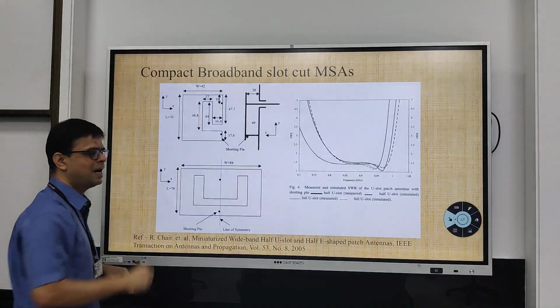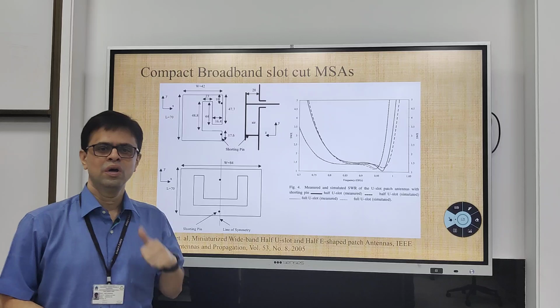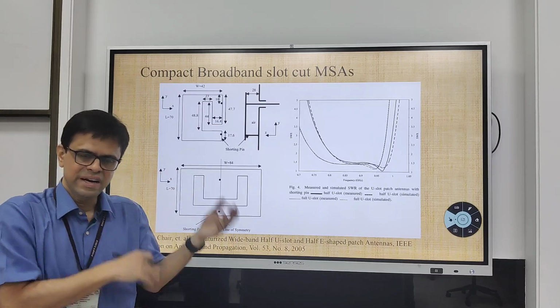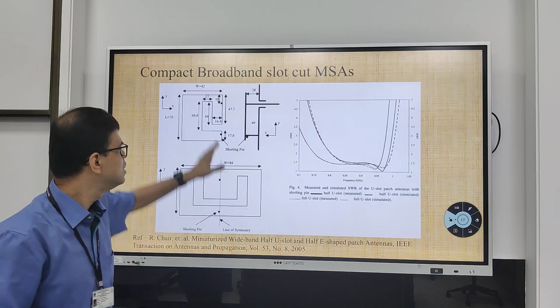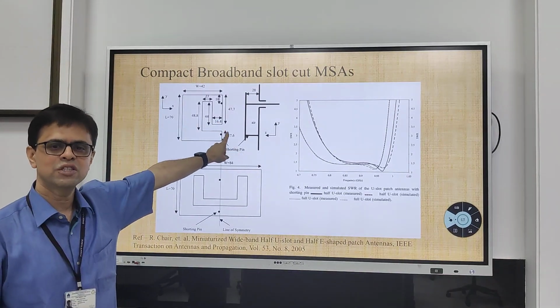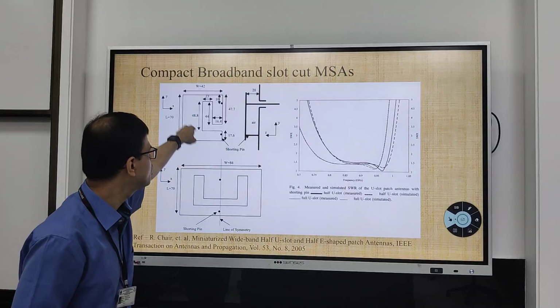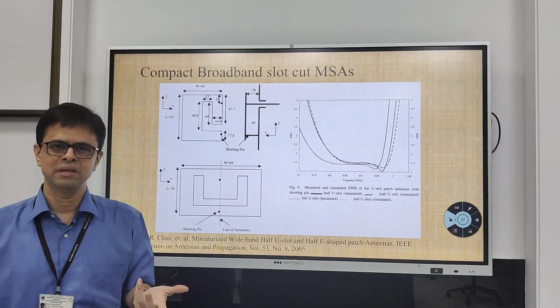Now in that I have cut a slot. It is said that a slot introduces an additional resonant mode in the structure, and then that resonant mode along with the fundamental shorted patch mode increases the bandwidth.